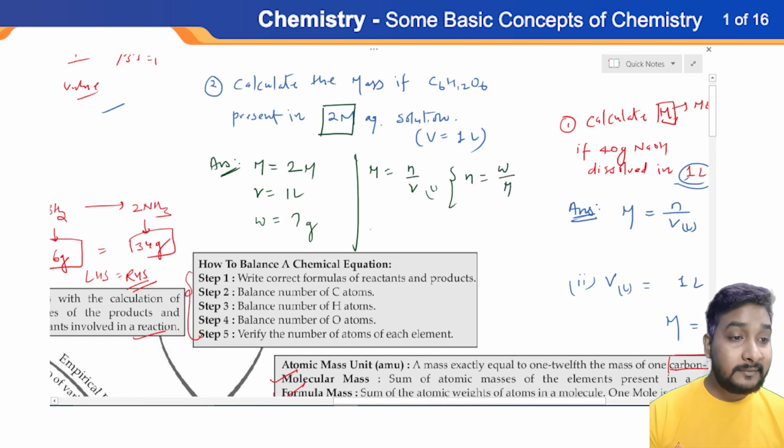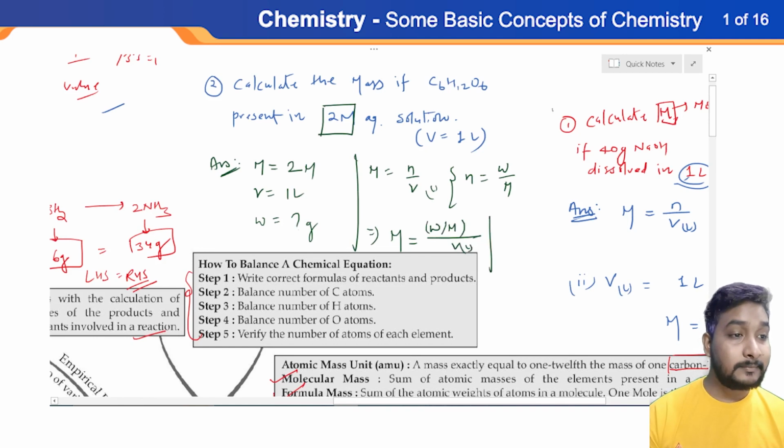Now we can modify this formula as capital M is equal to W upon M upon V in liter, right?